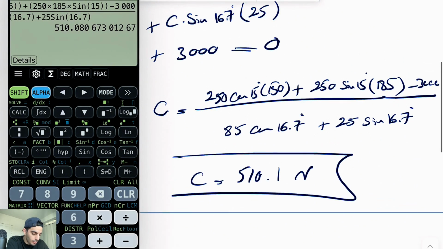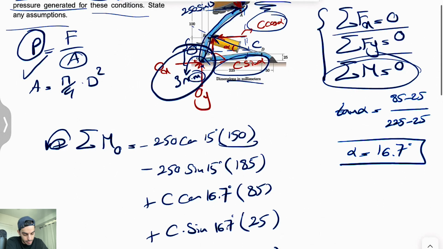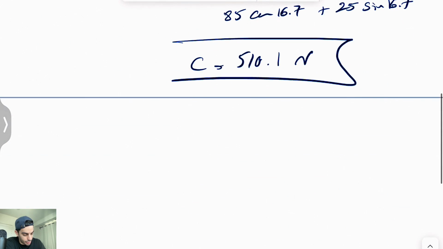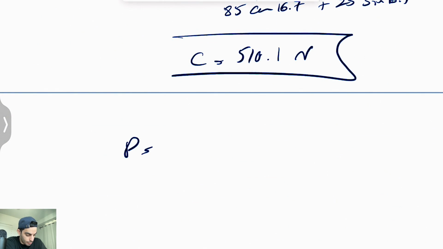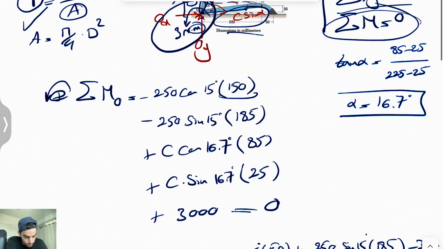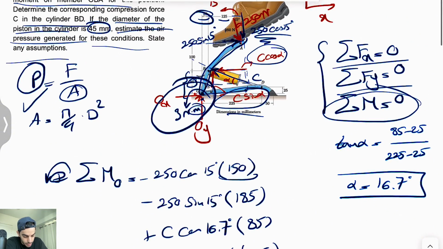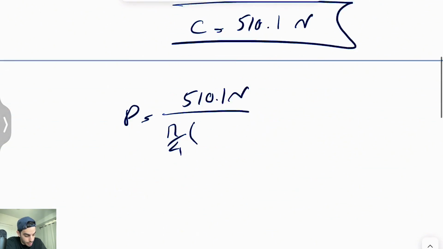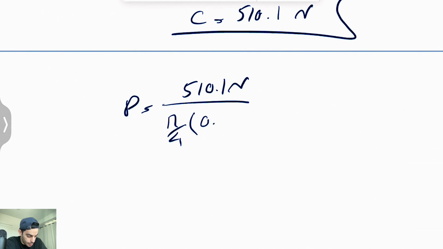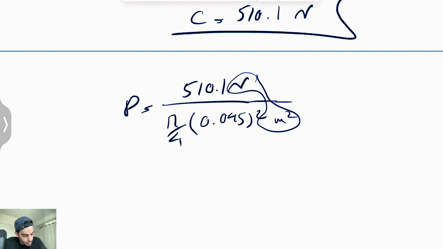newtons. And this is not over yet. We have to find the pressure. So our pressure in here would be the force, which is 510, divided by the area, pi divided by 4 times the diameter, which in the question was 45 millimeter, so we have to divide by 1,000. So 45 divided by 1,000 squared, which is going to be in meters squared, and Newton per meter squared is going to be Pascal.